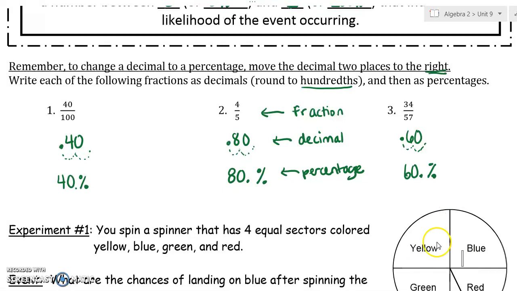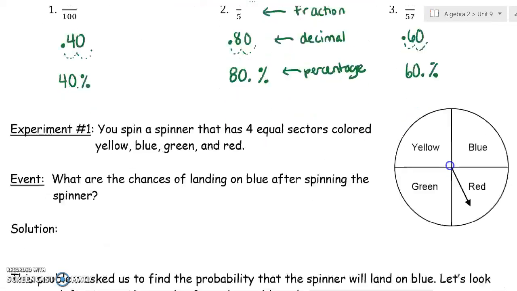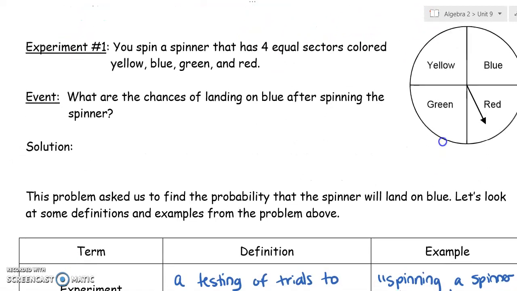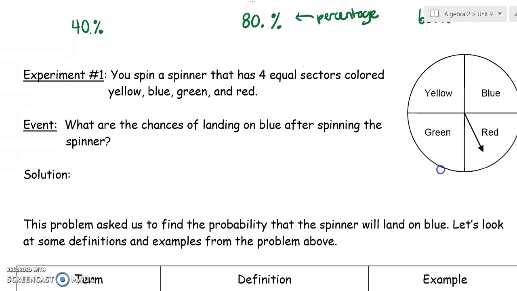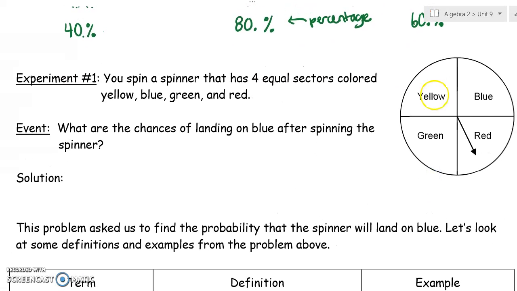Now it says you spin a spinner that has 4 equal sectors, colored yellow, blue, green, and red. This is the shape on the right that they're talking about. The question is, what is the probability of landing on blue after spinning the spinner? If we look at the spinner, there's only 1 blue section out of the total of 4 sections.